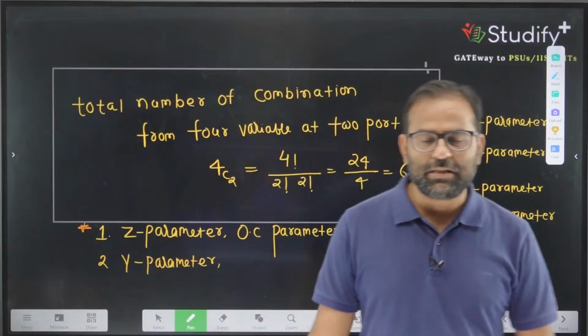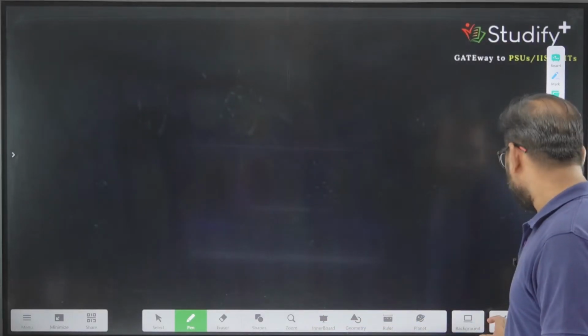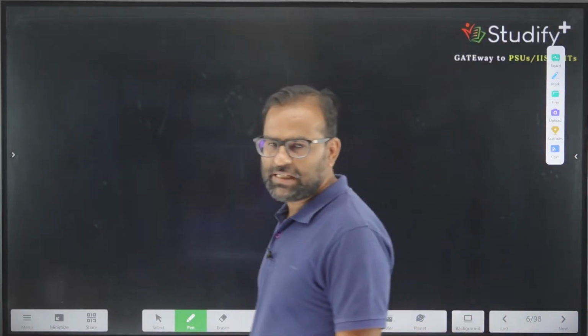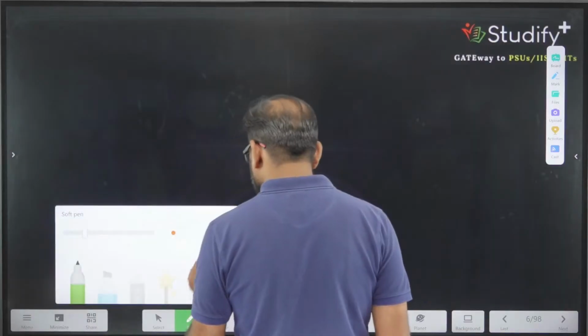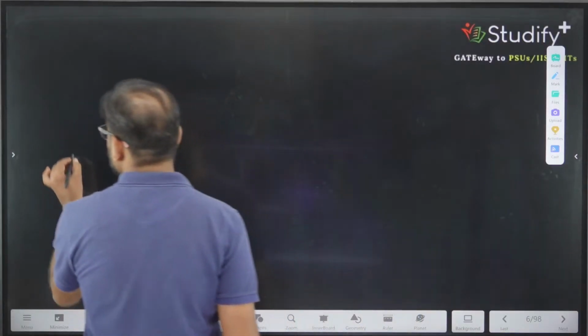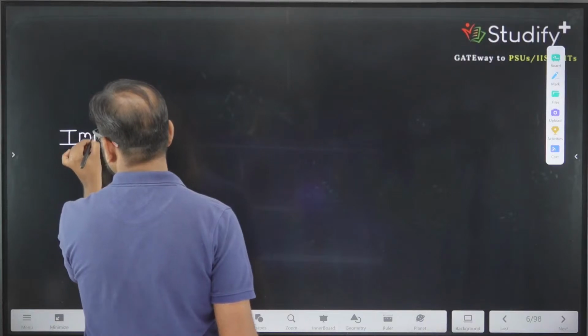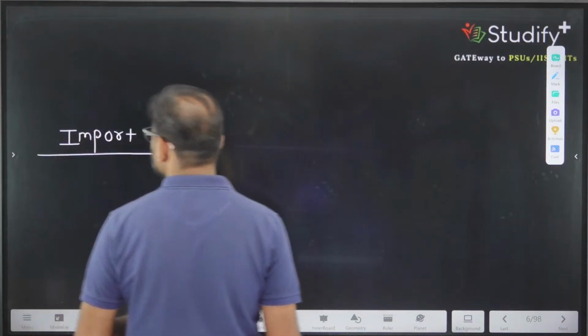What is next? The next point is very important. What is important for the exam? So sometimes they ask question directly, sometimes you will get question like this. These are two important category of questions. Important for two parameters.